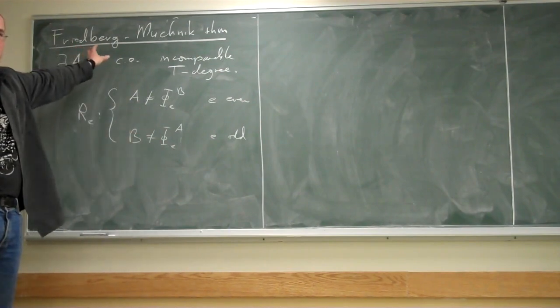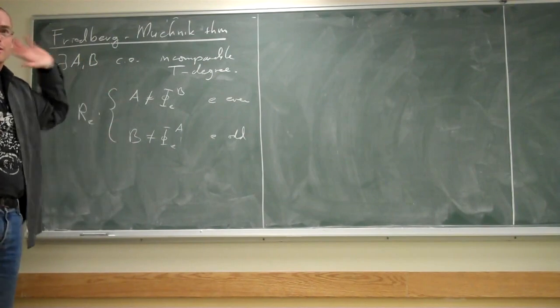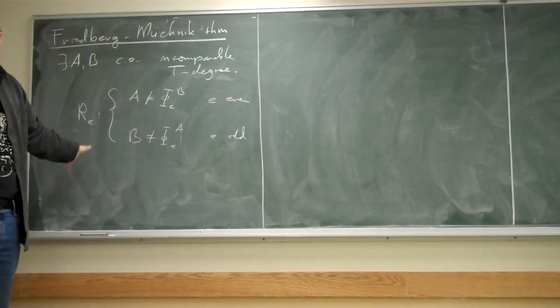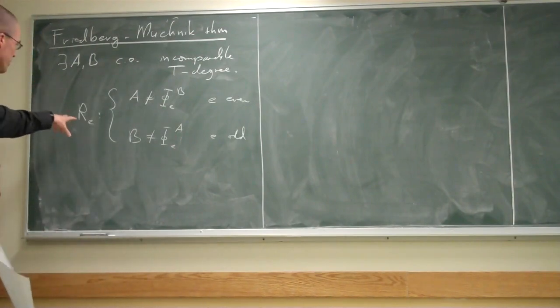So we know how to make things CE. Our method needs to look like do computable stuff, enumerate into A, do computable stuff, enumerate into B. Okay, so that's what we're going to do.